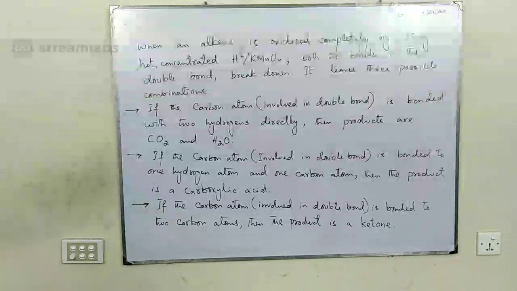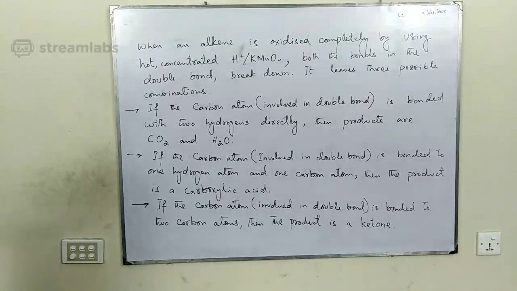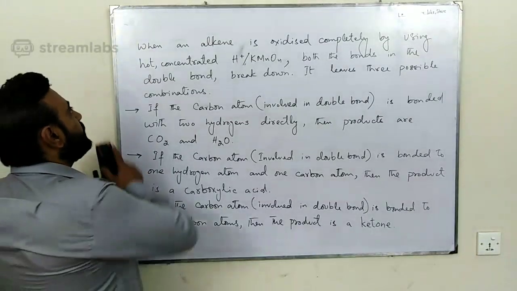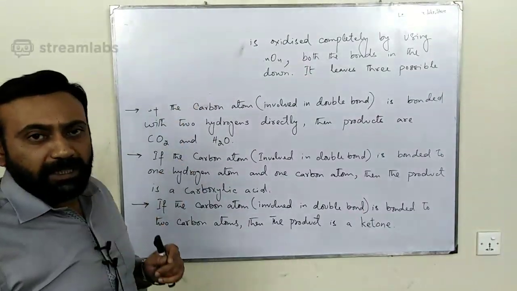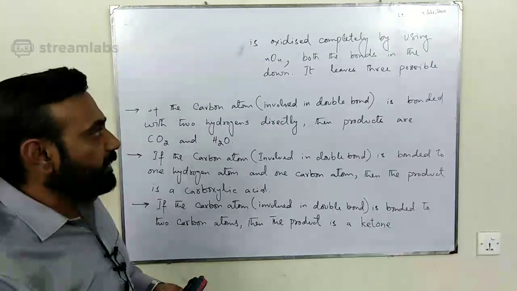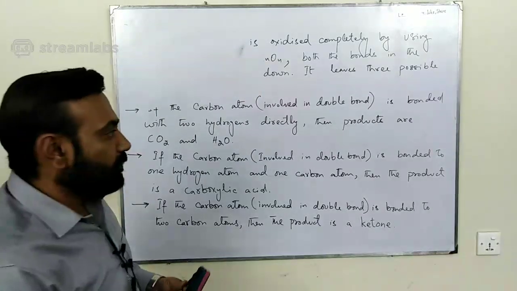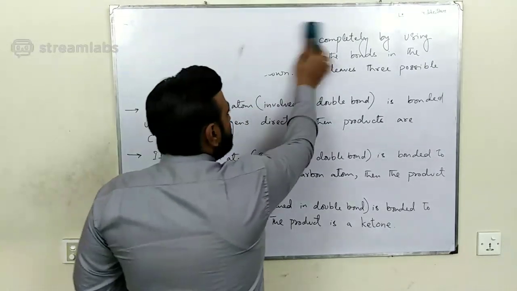Okay, a student is asking me to give one more example. Okay, not a problem. But you give me the name of an alkene and I'll give the reaction of oxidation of that alkene.